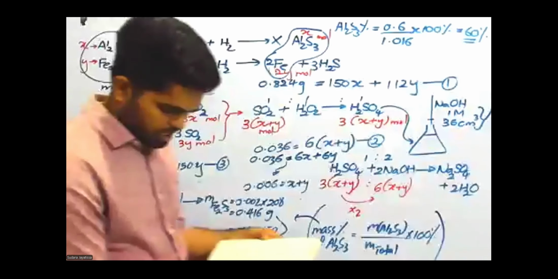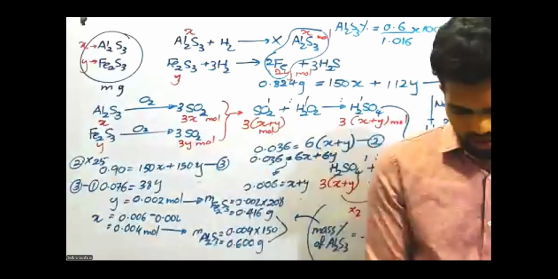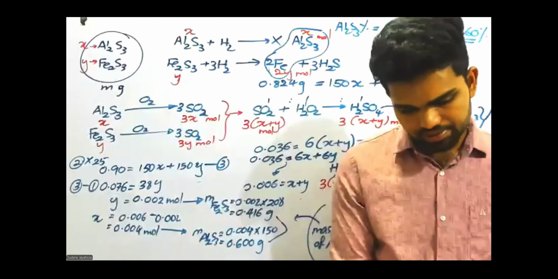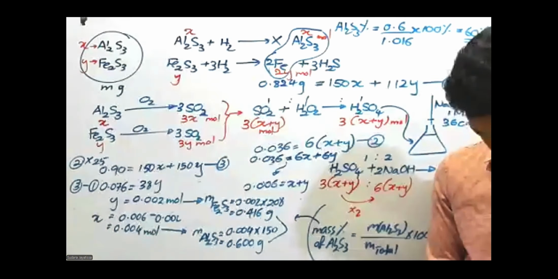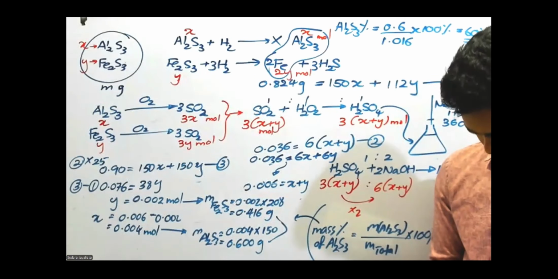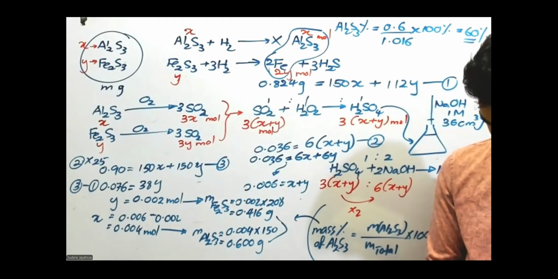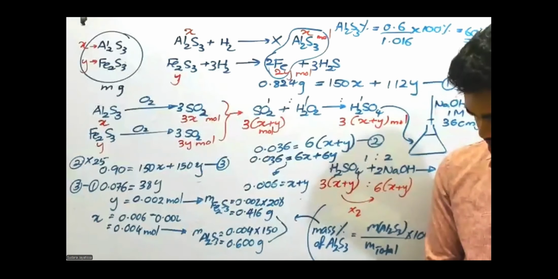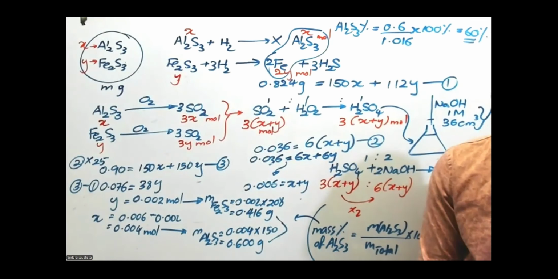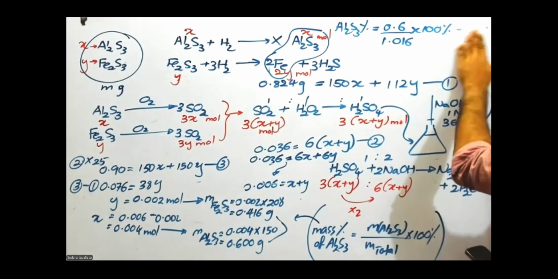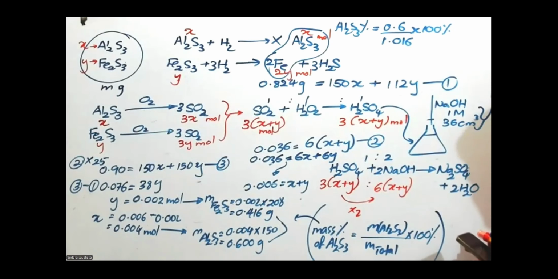Okay, so now I have the marking scheme. Let's check the answer they have given us. Yeah, our masses are all correct. So it is going to be 59.59%, not 60%. Should be 59%. And the other one is 41%. I just rounded off now.